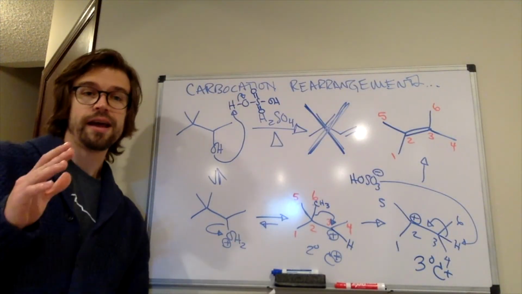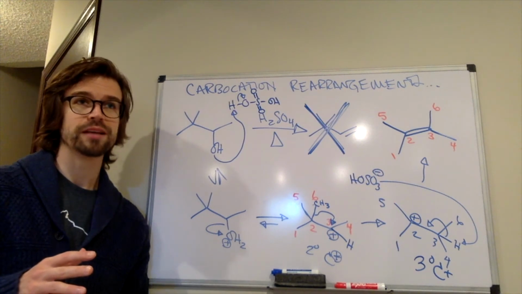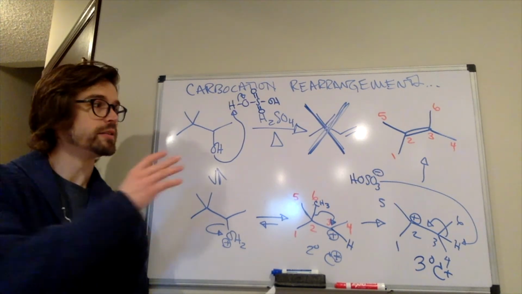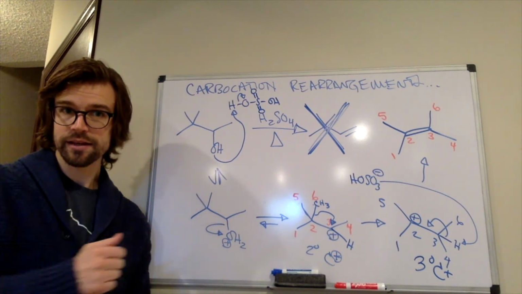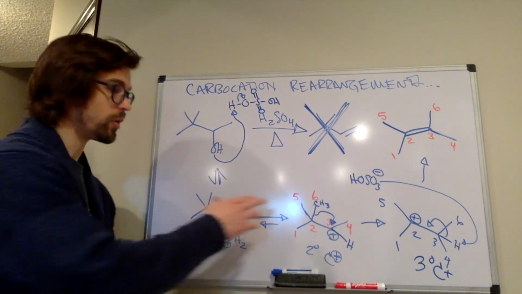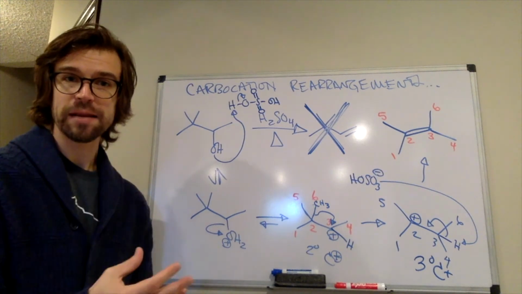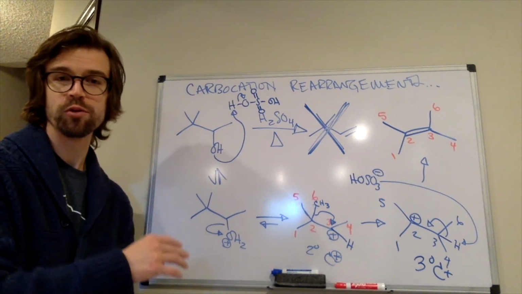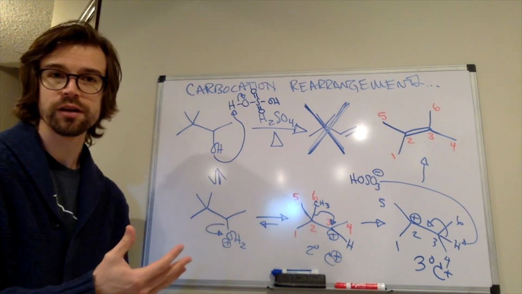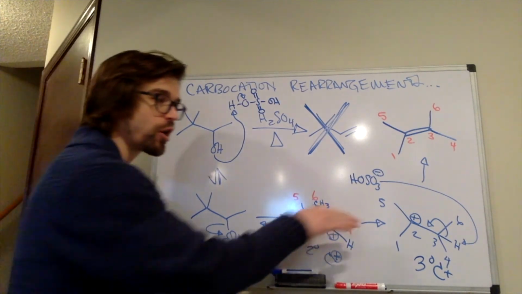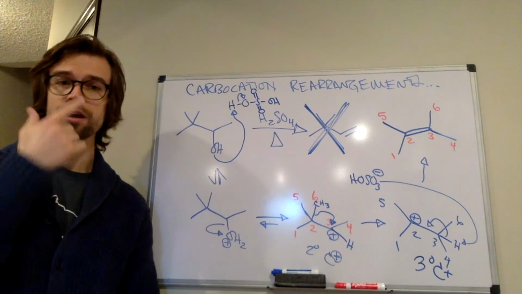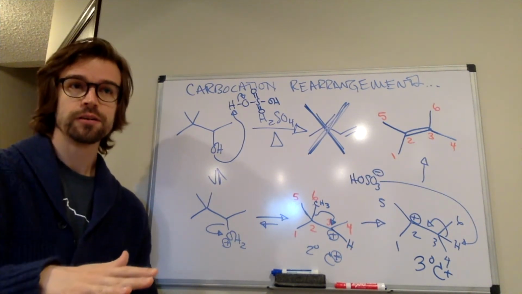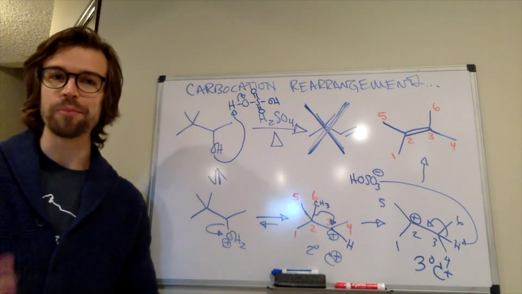It's really important. And the thing about this that complicates things is this goes all the way back to chapters 7 and 8. If we have a carbocation and a more stable carbocation can be formed by moving a hydrogen or a carbon, it's going to happen because we're going downhill in energy. Why didn't we talk about it in chapters 7 and 8? We wanted to keep things simple, slowly building up the complexity.